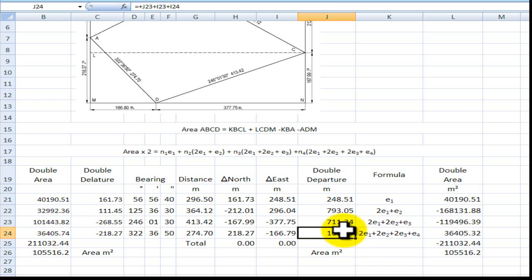Then we move down to the next one, which is one of those, one of those, one of those goes in there, and that should be the exact opposite to that one there. So when you get down to here, if you've done it right, that number there and that one there should be exactly the same.